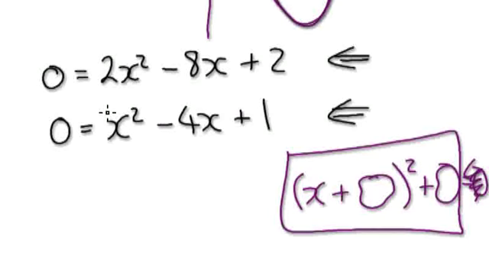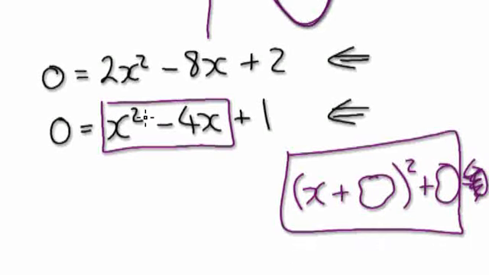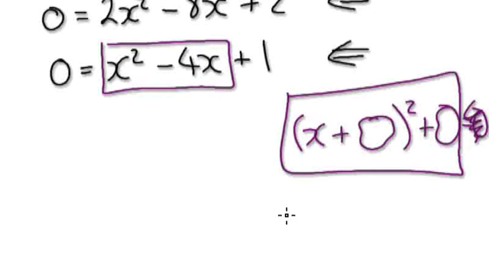Let's zoom into this bit here. How would you create this bit if you were to factorize? Let me give you an example. Let's say minus 10x and then 25.